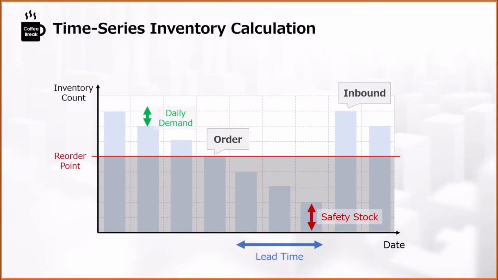For reference, I would like to mention time series inventory calculation. In this course, we are assuming spot production, where we make only 10 units of Robot X at one time. On the other hand, if we were to produce 10 units every day, we would need to incorporate the concept of time series inventory calculation. You would need to track inventory movement over time, 10 units on day 1, 20 units by day 2, and so on.